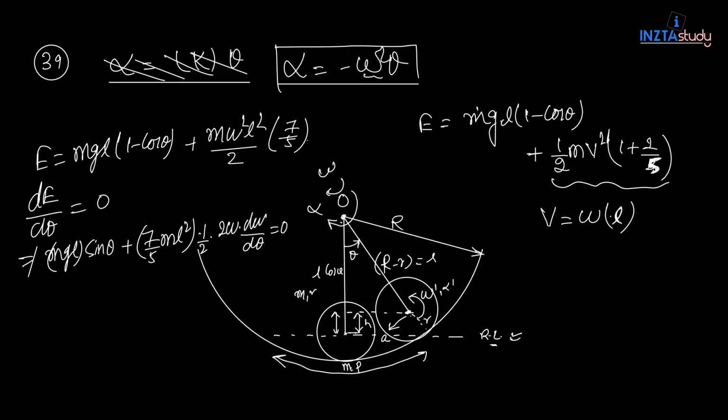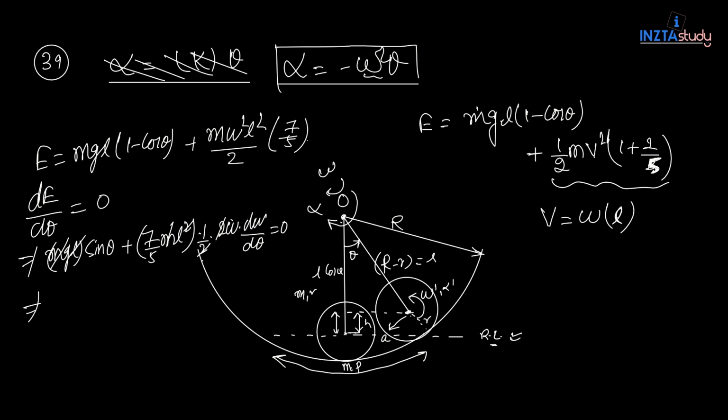Okay, that is fine. So m will get cancelled out, one L and one L will cancel, and this 2 and 2 will cancel.